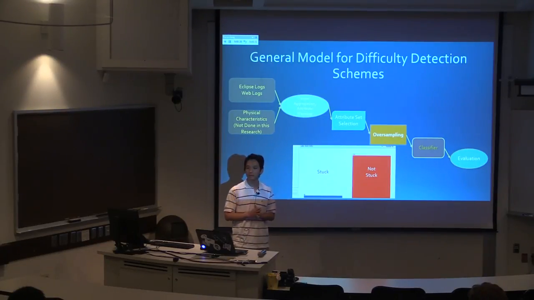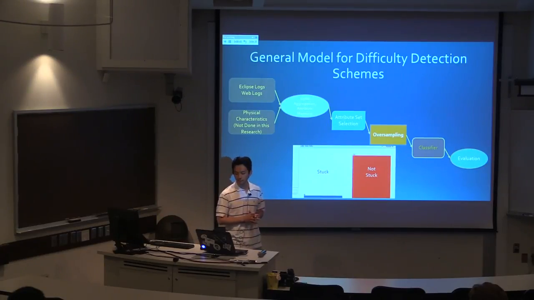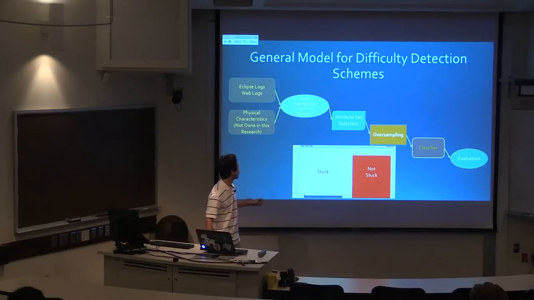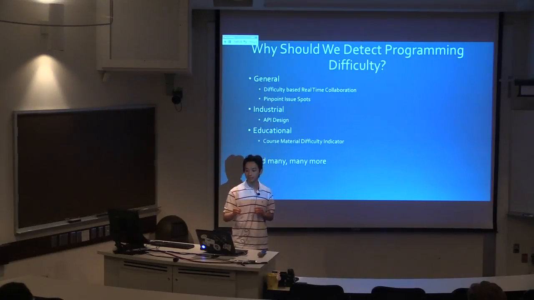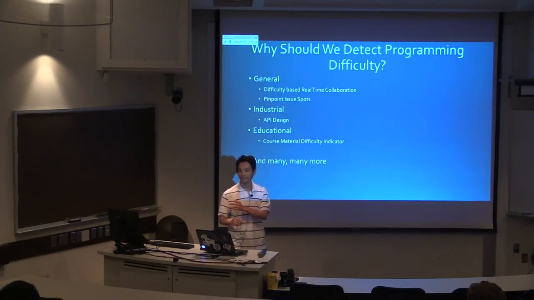So you may have noticed there is an oversampling stage in here. Well, the reason for that is because, as you can see by the bar graph down at the bottom, to rewind to each difficulty point and then see all the steps that we took until the inevitable collapse.